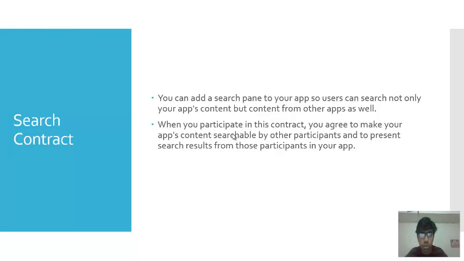You can add a search pane to your application so users can search not only your application's content but content from other apps as well. This search pane is versatile and can be used outside the application also.